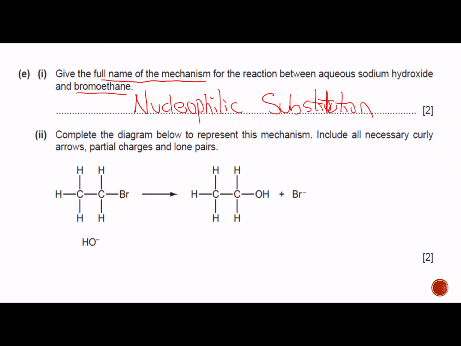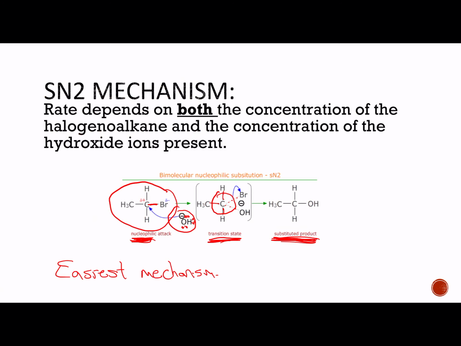So what do we mean by both reactants matter? The concentration of both reactants matters because if we go back here, if I increase the concentration of OH minus, then I will have more attacking groups, and they will invade our poor little halogen alkane. So we know that the concentration of the OH minus totally matters.